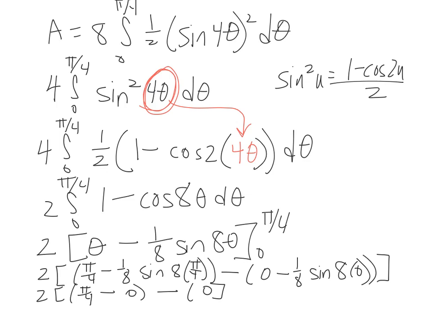So it's basically just 2 times pi over 4. 2 times pi over 4 is equal to pi over 2. So that's the answer for the area of the Rose curve that we started with, the equation r equals sine of 4 theta. Remember, we multiplied it by 8 to begin with, so this is all 8 petals.